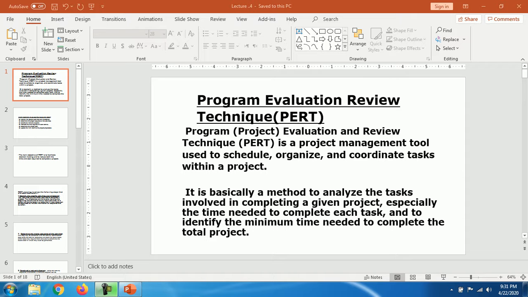Program Evaluation Review Technique, PERT. Program or Project Evaluation and Review Technique, PERT, is a project management tool used to schedule, organize, and coordinate tasks within a project.